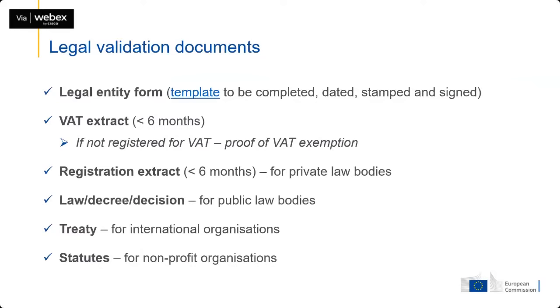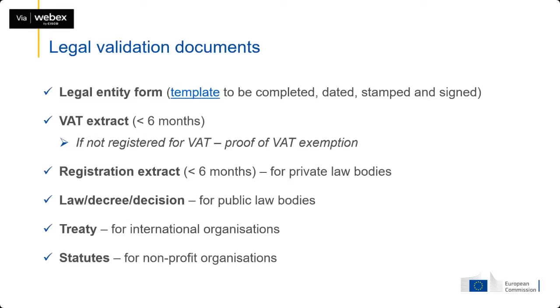To get your entity validated, there are specific documents that we are going to request from you. The first one is the template for the legal entity form. It is automatically generated by the system, needs to be filled in, dated and signed, and then re-uploaded in the system.